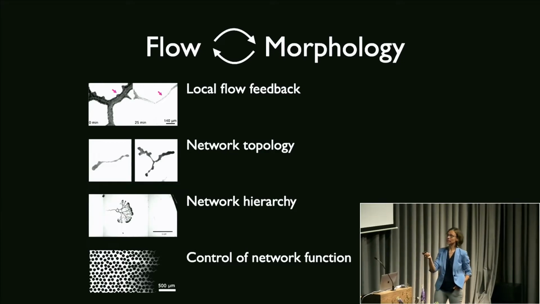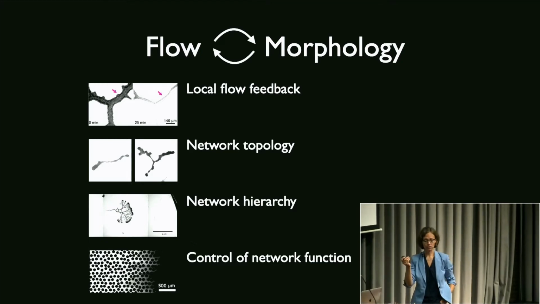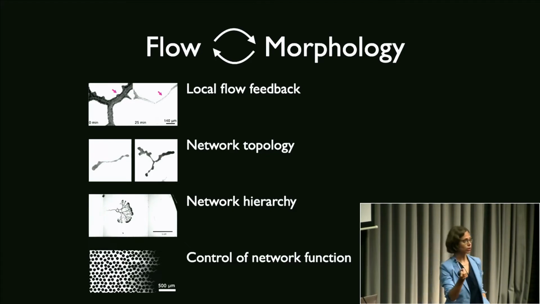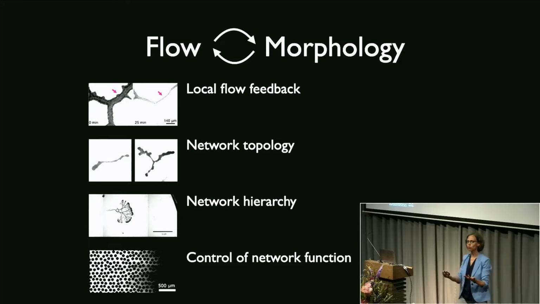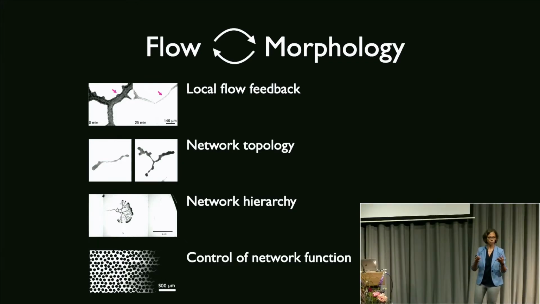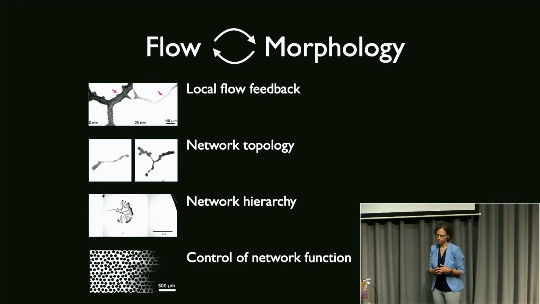I want to understand what is the role of the network topology in shuffling this information around. I will tell you how the network hierarchy, so the pattern of where I have thick tubes and thin tubes in this network, actually forms a memory of information provided to the network. And then at the very end, I will guide you a little bit on how I believe we can take what we learn here to really control network functions in the plethora of flow networks that we have.